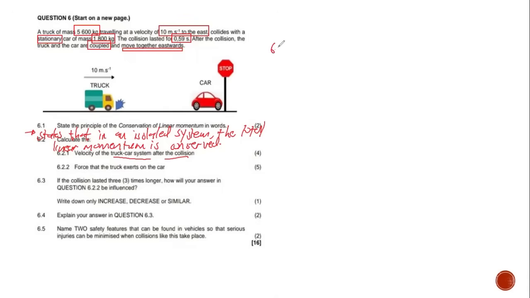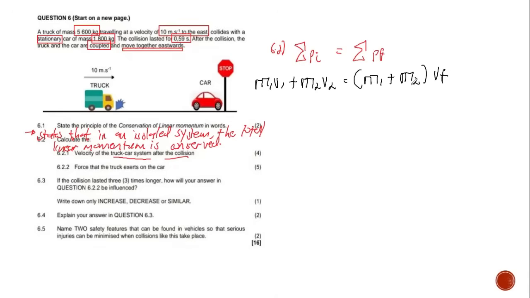So that means the sum of momentum initially is equal to the sum of momentum finally. And then we have m1 v1 plus m2 v2 is equal to m1 plus m2 and then vf, like that. Right. Now, what is mass 1?